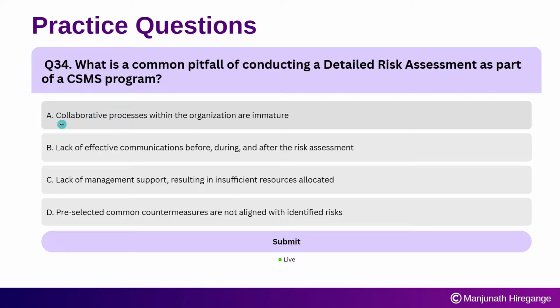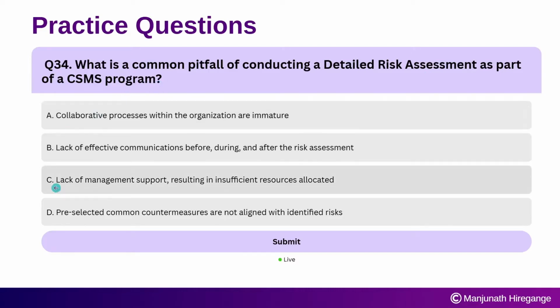So your options are here: collaborative processes within the organization are immature; lack of effective communications before, during, and after the risk assessment; the option C is lack of management support resulting in insufficient resources allocated; pre-selected common countermeasures are not aligned with identified risks. So here we are in detailed risk assessment as part of the CSMS program.